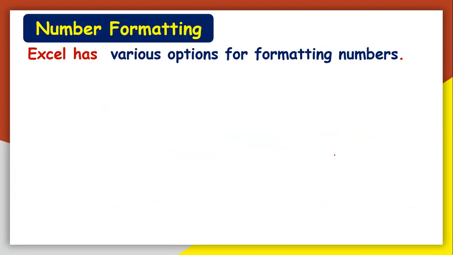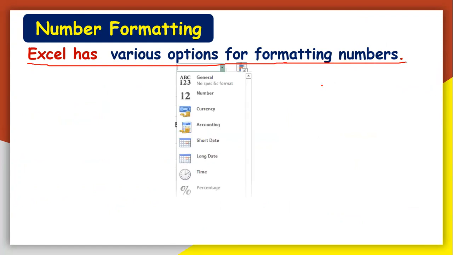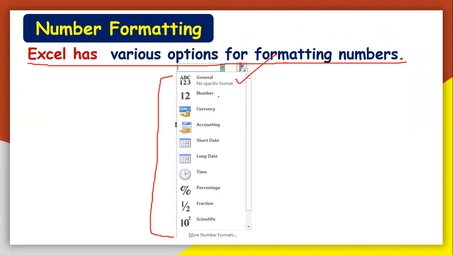It says, when we talk about number formatting, Excel has various options for formatting numbers. So multiple kinds of formatting are used in numbers. There is a list available, and if you want to apply a different kind of formatting to a number, we can apply these different styles as per our requirement.